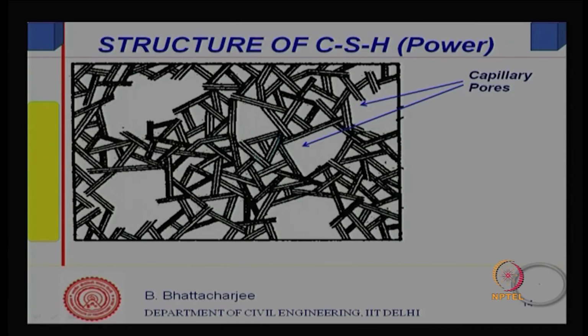As you know, at the interface there will be surface tension forces, like when you dip a capillary into water, there is capillary rise, and this is because of surface tension forces.